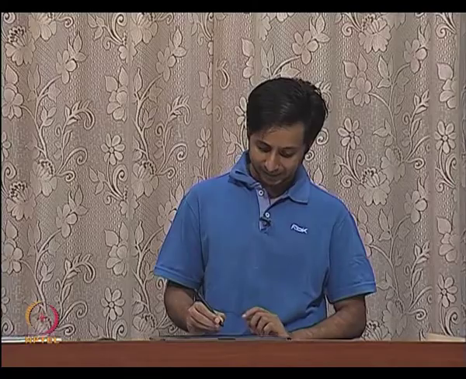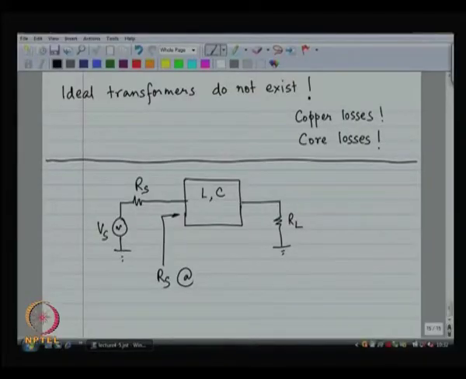What is possible is to make a network which at discrete interesting frequencies works in the fashion that I have shown. So, it is possible to select certain discrete frequencies, let us call them f1, f2, etc. Only at these frequencies the input impedance of the entire network is actually equal to R s. At other frequencies we do not know what is going to happen.